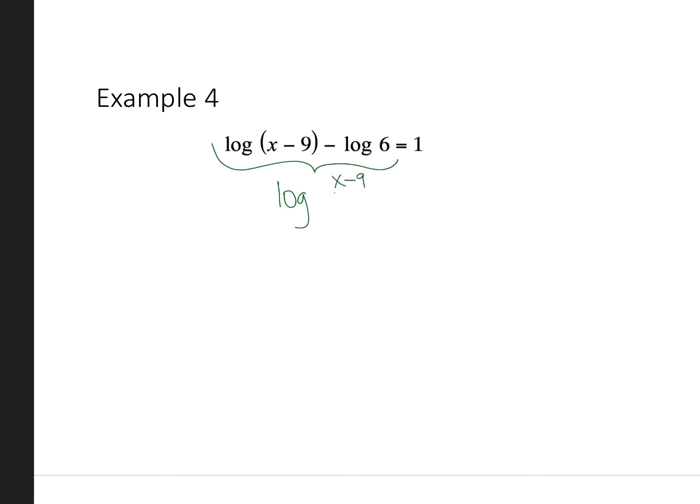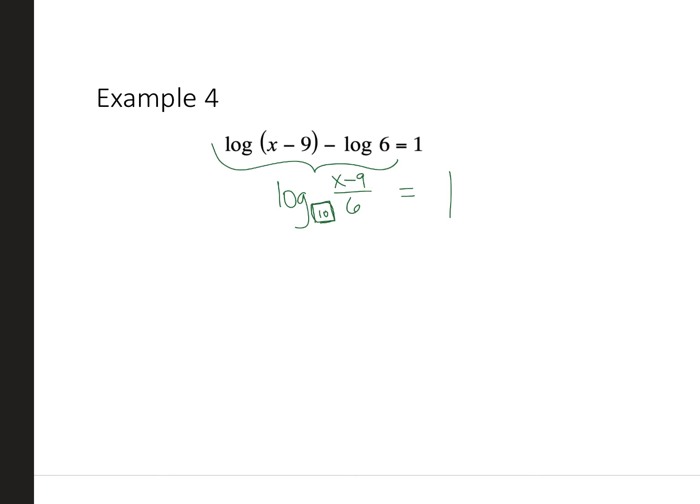The reason this is a good example is that it's the first time you're actually seeing common logs. I talked about it in the last video a little bit, but I didn't really explain. So I have condensed. When you don't see a base right here after a log, it's understood to be a 10. So you can just write that in as a 10 right now.